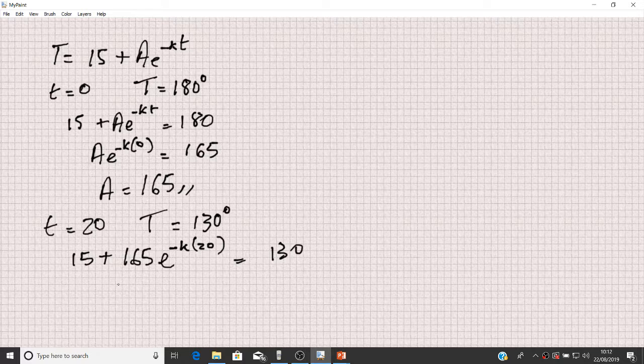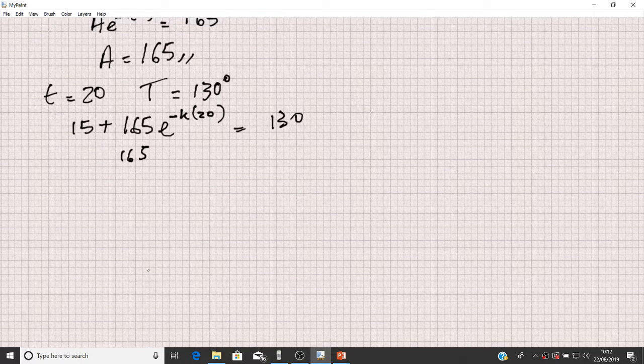So rearranging again, I have 165 e to the minus 20k equals 130 minus 15 is 115. And I'm going to divide out by the 165. So I've got e to the minus 20k on the left equals 115 divided by 165.